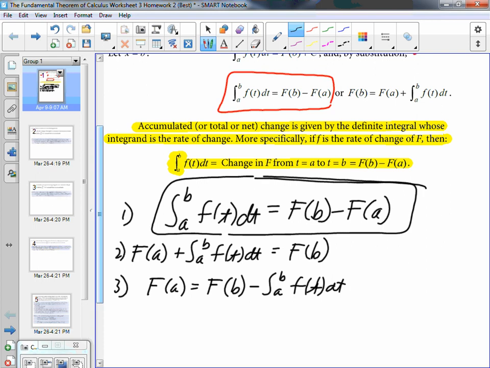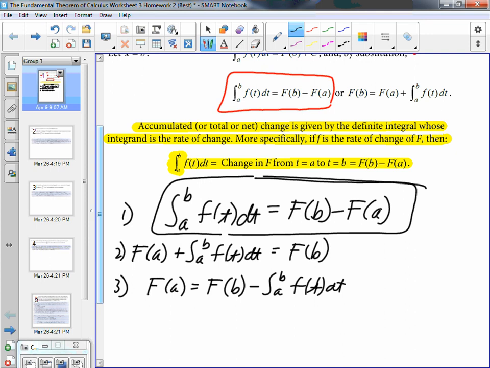All right? Now, what I have highlighted here in yellow, accumulated, or sometimes it can be called accumulated change, or total change, or net change, is given by the definite integral whose integrand is the rate of change. Because derivatives are rates of change, right? They're slopes, they're velocities, but at their most basic, they're a rate of change. So whenever your integrand is representing a derivative, it's representing a rate of change.